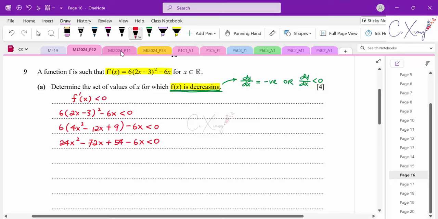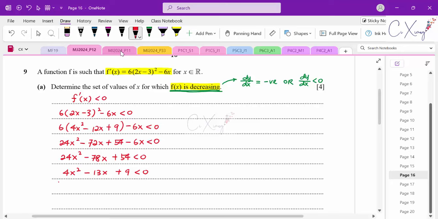Then if I further simplify everything here, eventually you will get the inequality 24x squared minus 78x plus 54 smaller than 0. So try to factorize it. Try to simplify first because the numbers are quite big. If I simplify it, I will get 4, then minus 13x, then plus 9, smaller than 0.